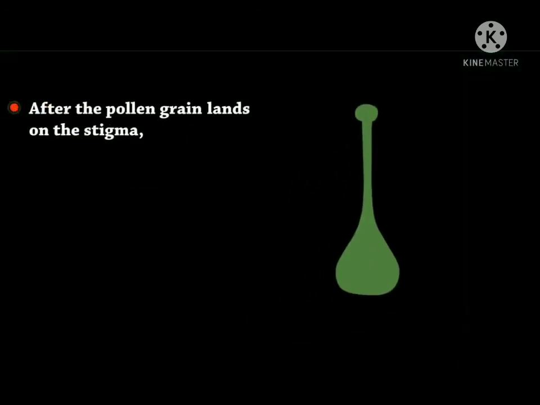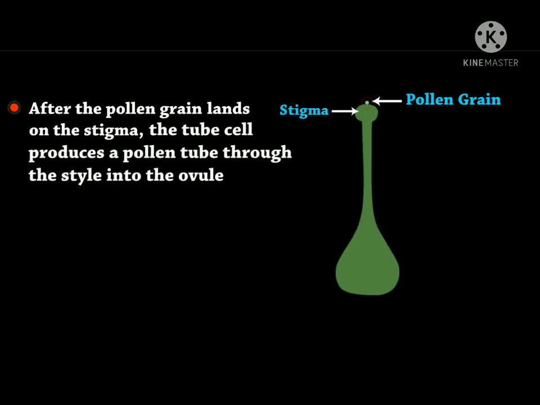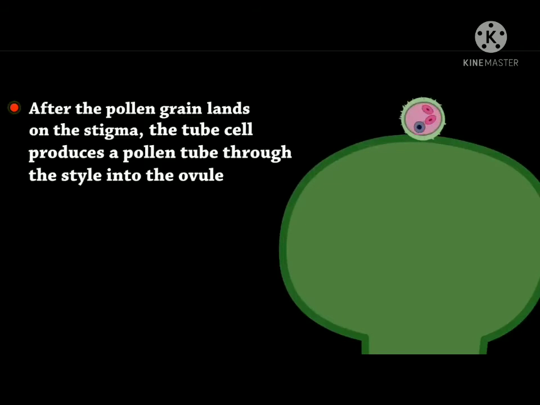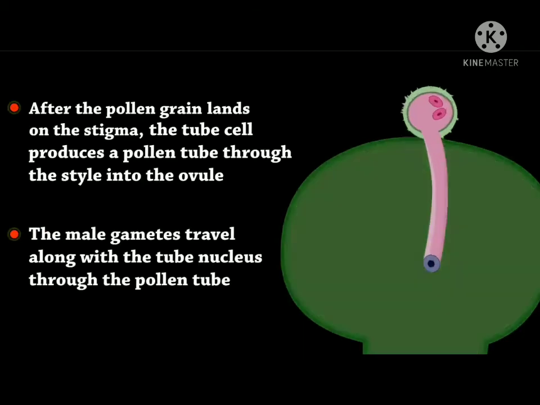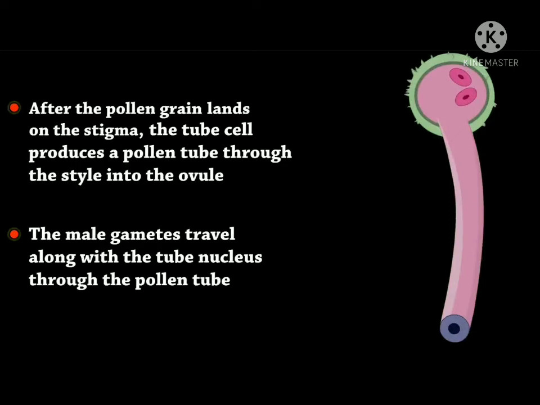Next, when the pollen grain lands on the stigma of the female part of the flower, it produces a pollen tube, and that pollen tube grows from the stigma part to the style part. While this pollen tube grows, the two male gametes, shown pink in color in the diagram, travel along the pollen tube, followed by the polar nucleus.